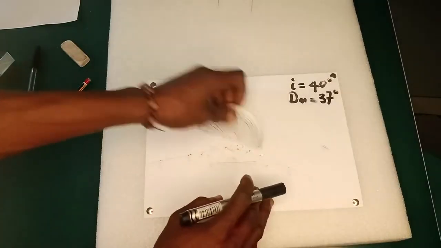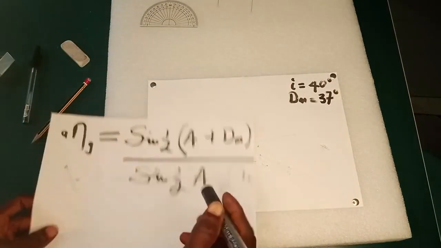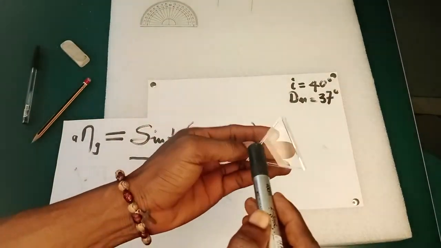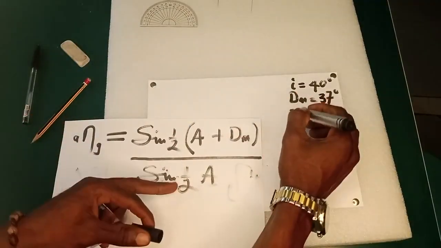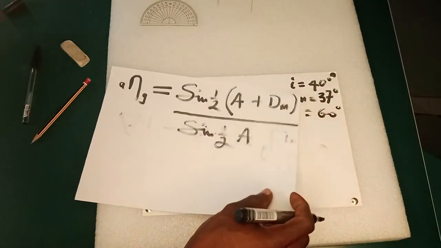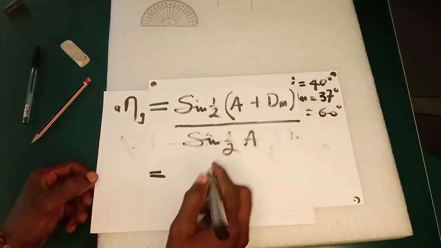At this point, we are going to use these two pieces of information. Don't forget I told you our A is 60 degrees. So from this equation, we now plug in these values.